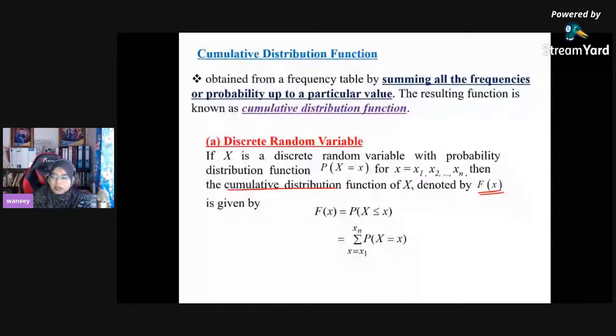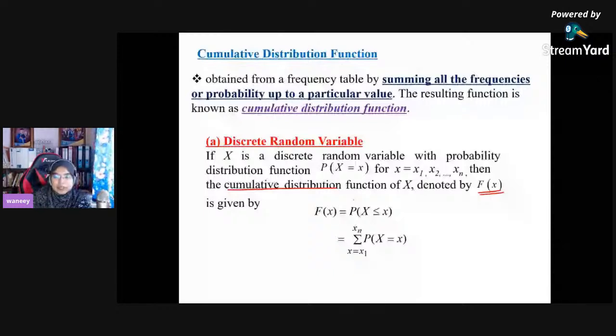So this is the summation from x equal to x1 up until xn of the probability of X equal to x. That means we're simply going to add all the probabilities up until that point. Okay, so let me show some examples.